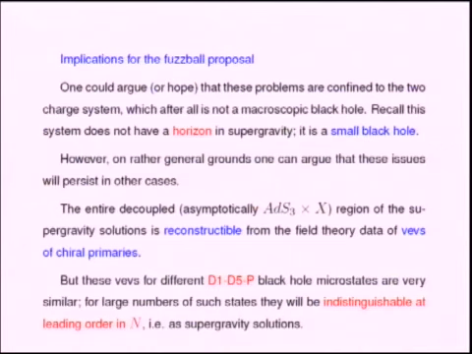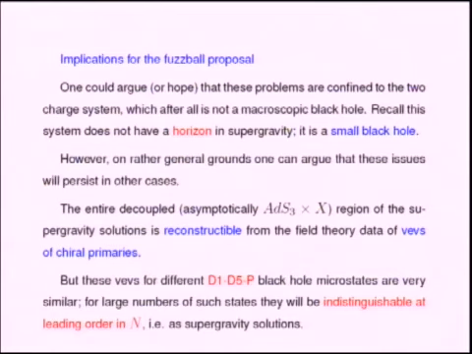The entire interior region of the supergravity solution is reconstructible from the field theory data of the VEVs of the chiral primaries. But if you take this D1, D5 system and add another charge, momentum, so we get a macroscopic horizon, you can see that the VEVs of these microstates are typically very similar to each other. Large numbers of such states will be indistinguishable at leading order in N.